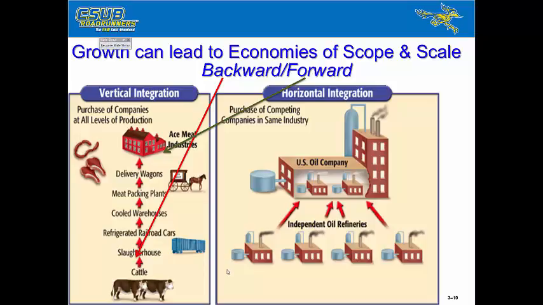Horizontal integration, an example of that is in the oil business, where you've got a company like Chevron or ExxonMobil that purchases a refinery in California, and then they purchase a refinery in Texas. They purchase an oil field or a refinery in Alaska.